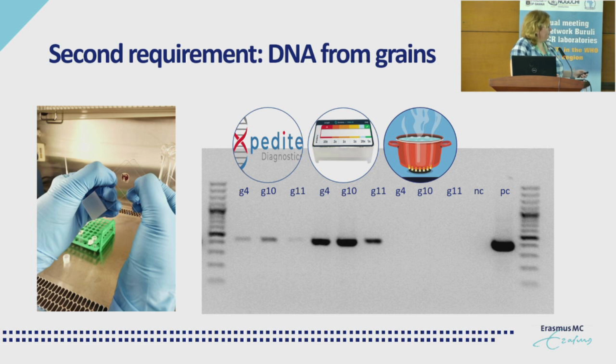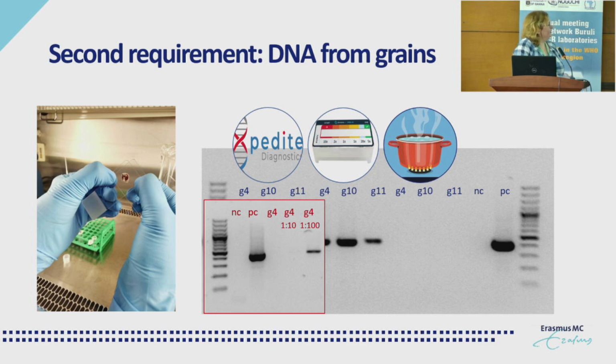With BioMem, we got very thick bands, so it did work with the grains. Boiling didn't work. But as I mentioned, there's one but with Expedite. It only worked when we diluted the sample. So the undiluted sample had too many inhibitory constituents, so we couldn't amplify it. We could amplify it when we diluted 1 in 100.